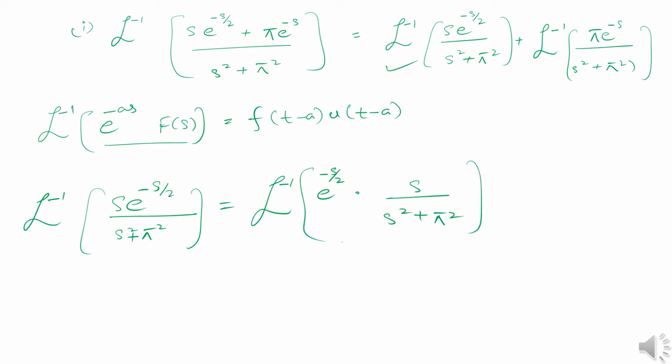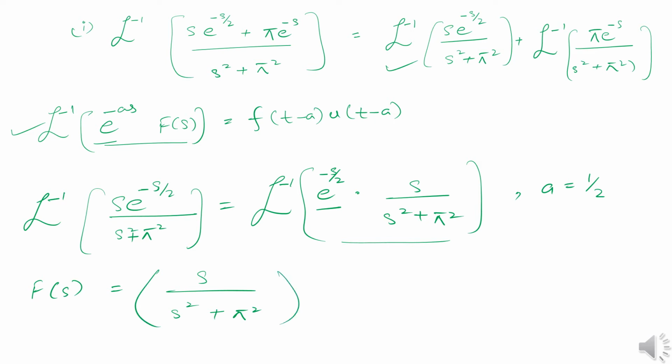Now this function has taken the form of the second shifting property, so we can find a easily. If we compare, a is equal to 1 over 2, and the function of s is equal to s over s squared plus pi squared. Now we need to take the inverse transform of this function to get f of t, and then we will find f of t minus a.